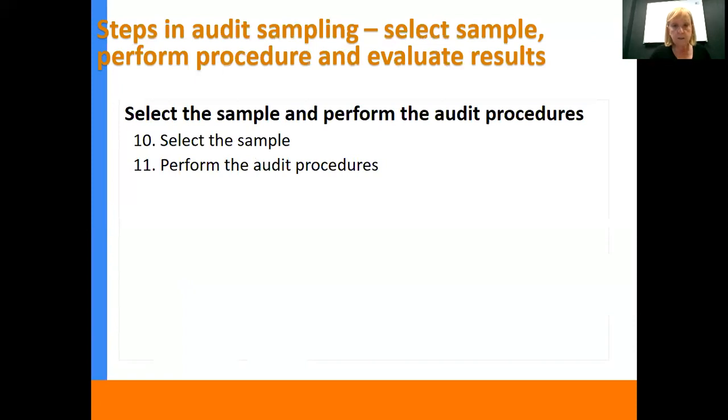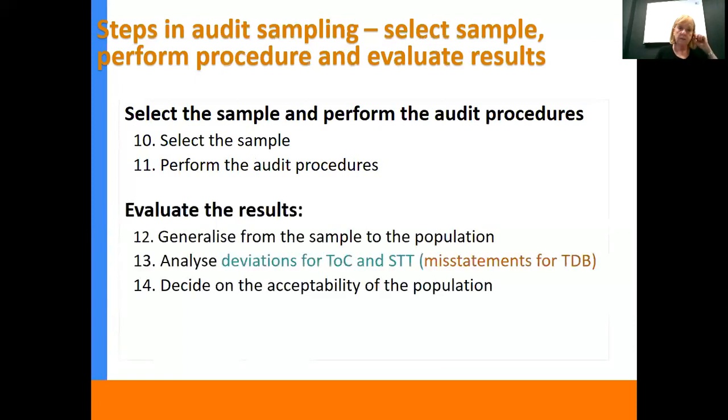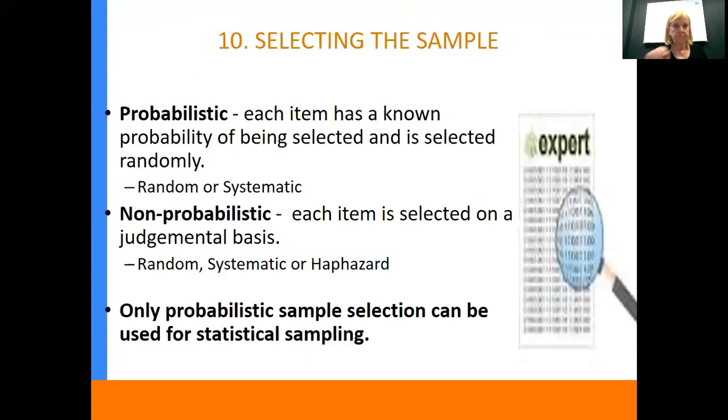That's the next phase. And once I've selected the sample and performed the procedure, then I have to evaluate the results. Our focus will be selecting the sample. So you need to know the planning phase up to step 6 very well, and you need to be able to select a sample and perform the procedure.